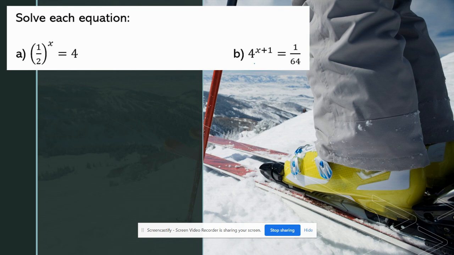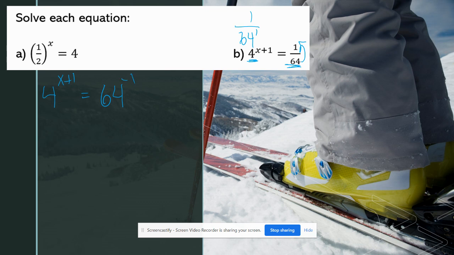Let's take a look at letter B. I have a base of 4 and a base of 1 over 64. My smaller base is 4, so we're going to try to leave that. Let's start with 1 over 64. In order to flip that back, so it's not a fraction anymore, remember that is 1 over 64 to the positive first power.